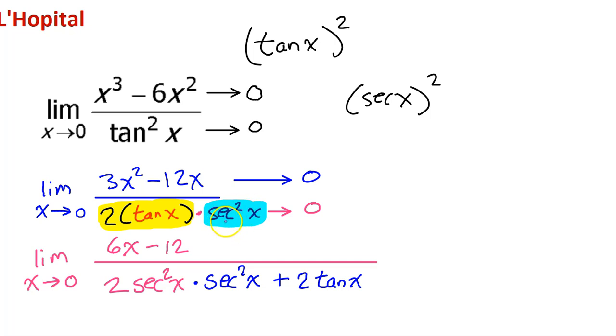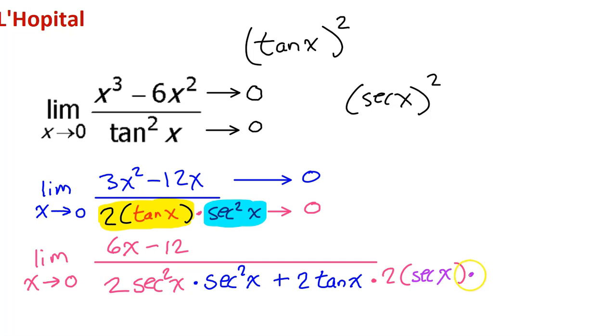Again, when you have a trig function with an exponent, you have to think of it this way. We have secant x and the whole thing is being squared, so we do have to use the chain rule. First we take the derivative of the outer function, which is 2 times parentheses, where the inner function is the secant x.